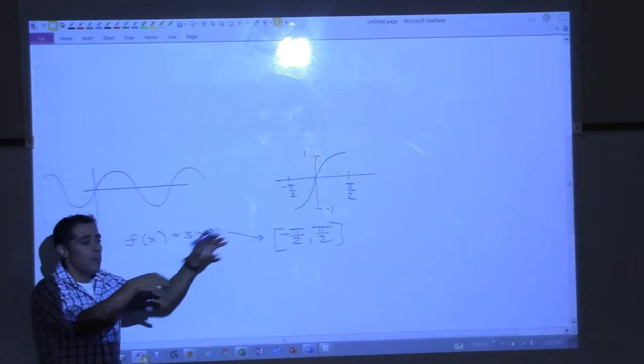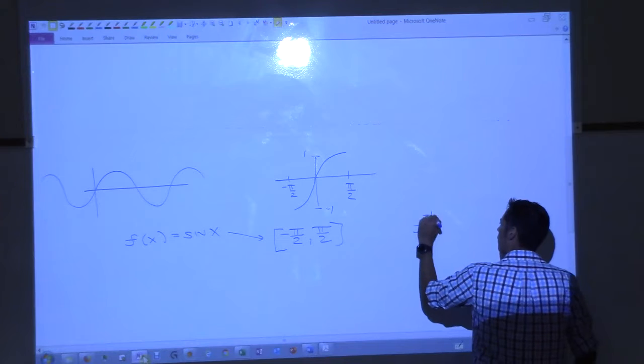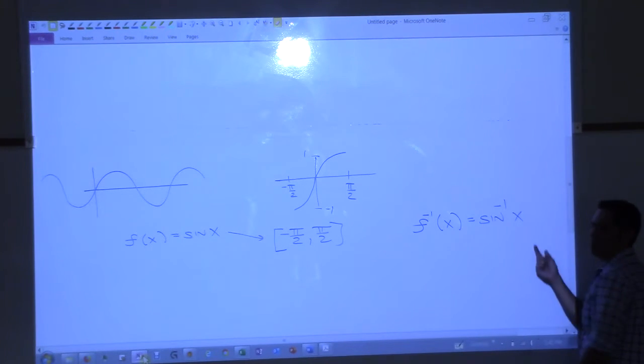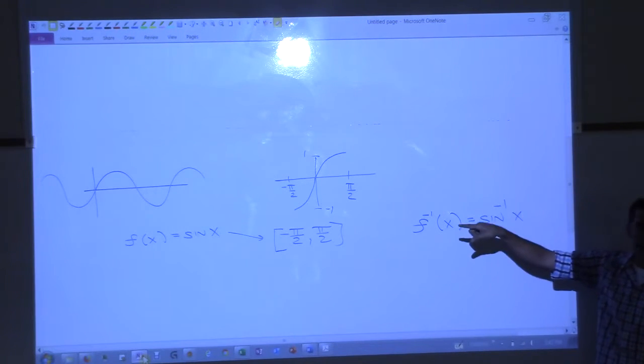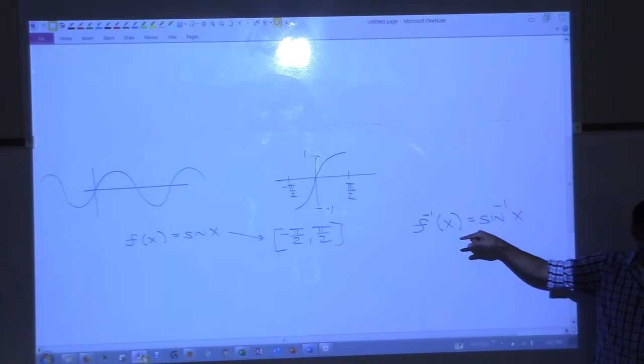From that, we defined the inverse sine function. Does this ring a bell? What it does is spit back the angle: if you plug a number into this, it gives back the angle it came from.